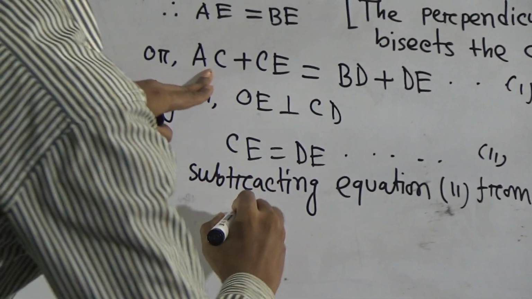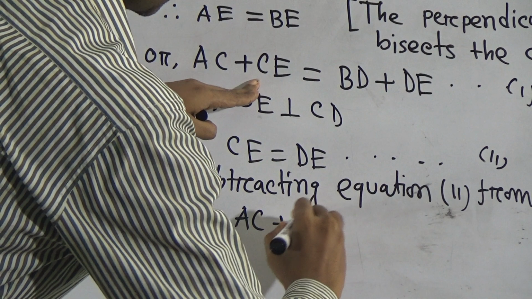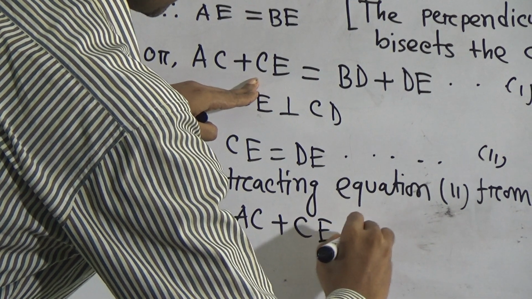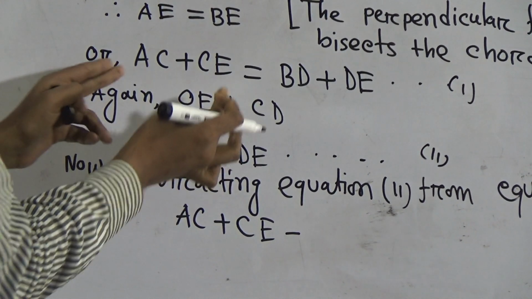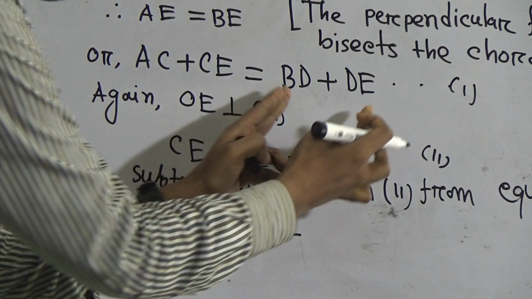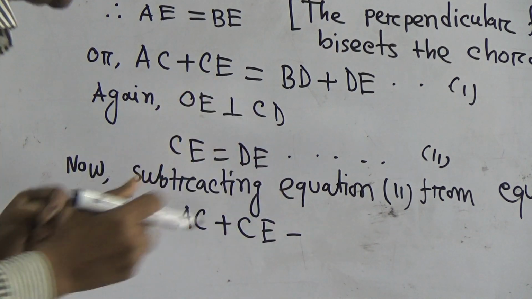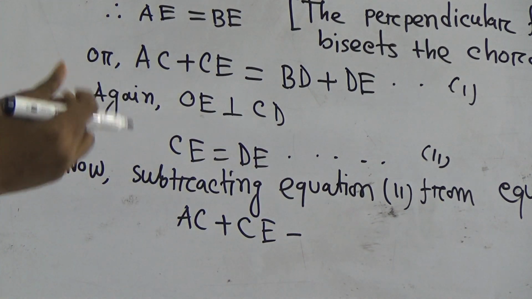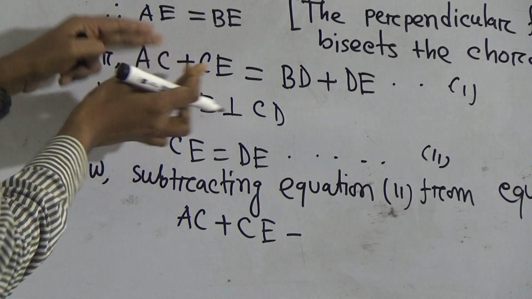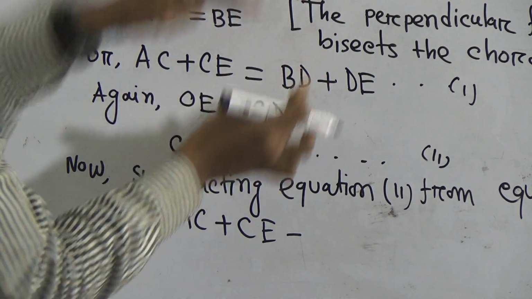Look, AC plus CE, this is the left side. Similarly, BD plus DE, this is the right side. Okay, so you subtract left side from left side and right side from right side.